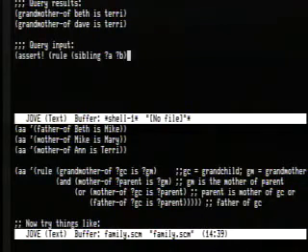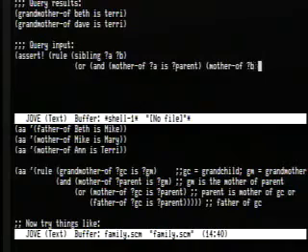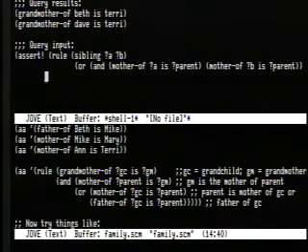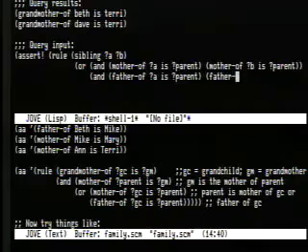So 2 people are siblings if, or and, mother of ?A is ?parent, mother of ?B is ?parent, and father of ?A is ?parent, father of ?B is ?parent.